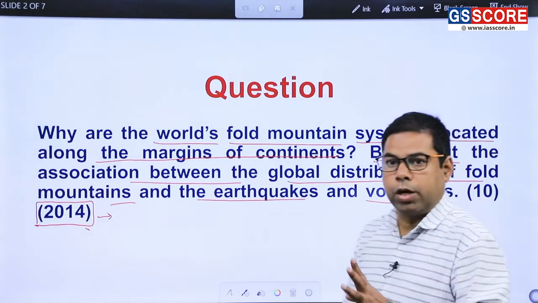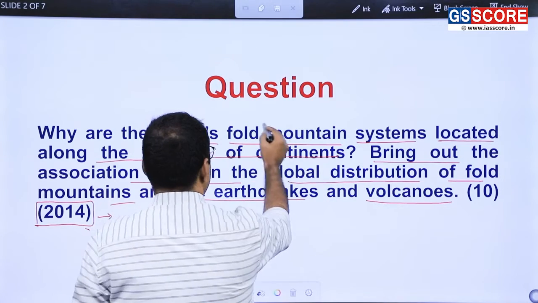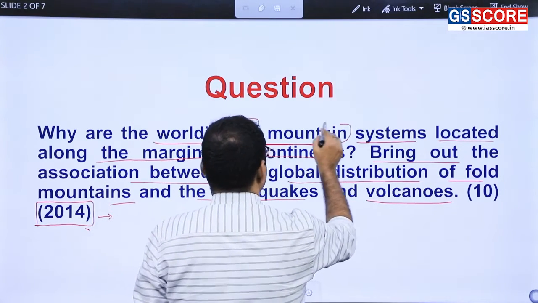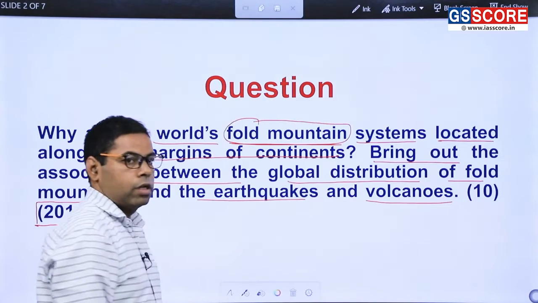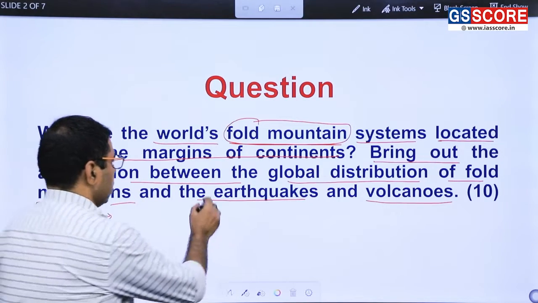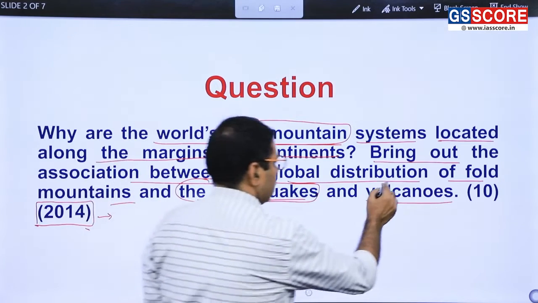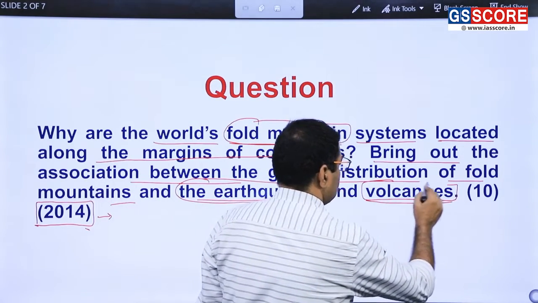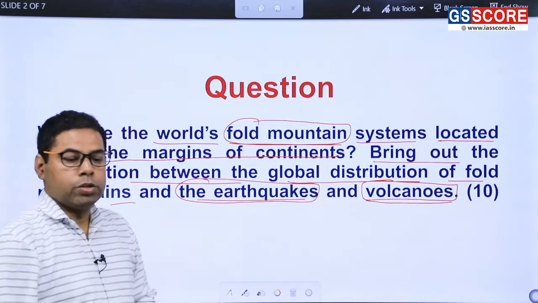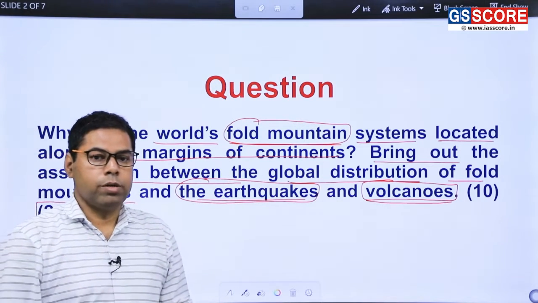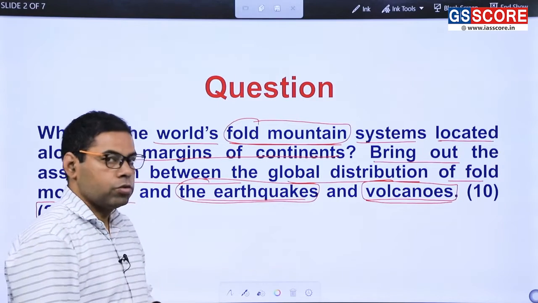Now see here the three parts of the question. One, it is on the fold mountains. The second part is on earthquakes, and the third part is on volcanoes.